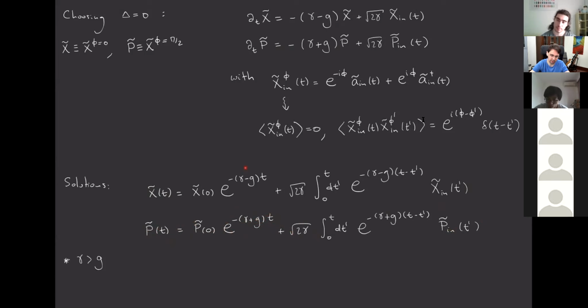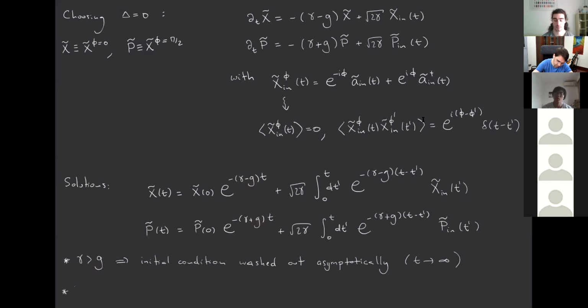Now, in here, it's a bit different because you see that here we have gamma minus G. This means that whenever G is smaller than gamma, then indeed the initial condition is washed out for a long time, so asymptotically. So remember, asymptotically means when time goes to infinity.